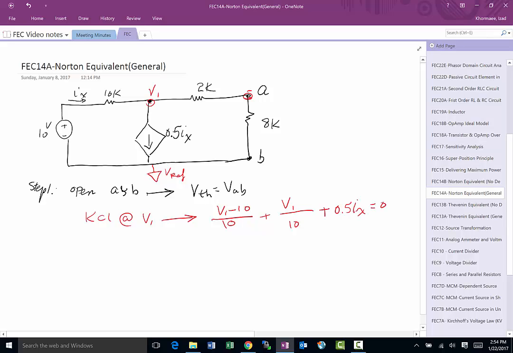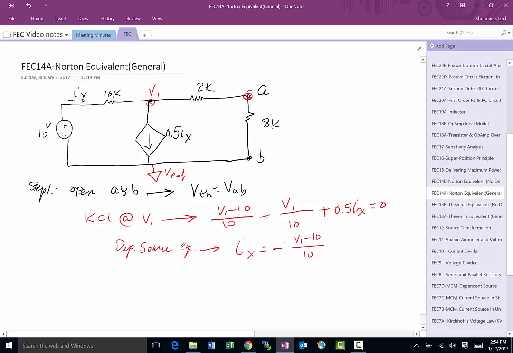And then we notice that this is a dependent source, so we have to write a dependent source equation, relating Ix to V1 or V2 or something. In this particular case, we can write Ix, because we know the current this way is V1 minus 10 divided by 10. So all we have to do is put a minus in front of it, and we got our solution.